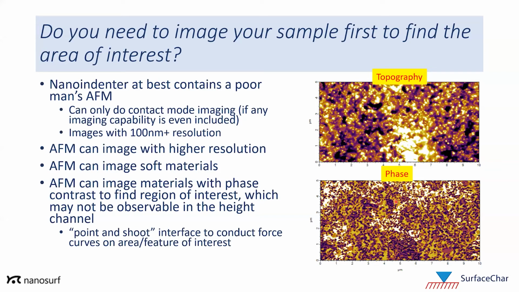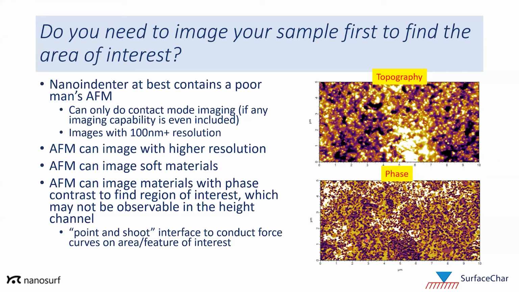And what I can do is, through the phase image, I can pick these different areas to do my force curves in. Especially if I wanted to focus in on, for example, the white domain, which is one of the components in here, very easy to do that through the phase image and impossible to do through the topography image because you simply don't have the contrast to do it there.